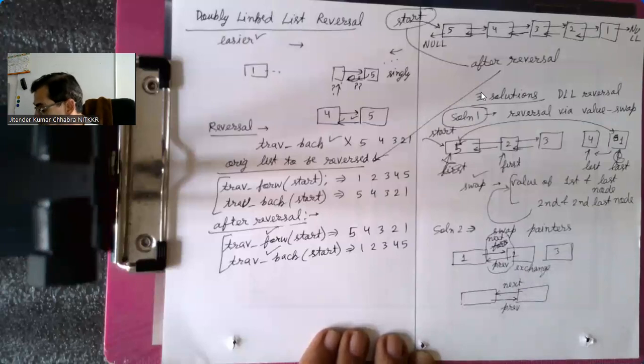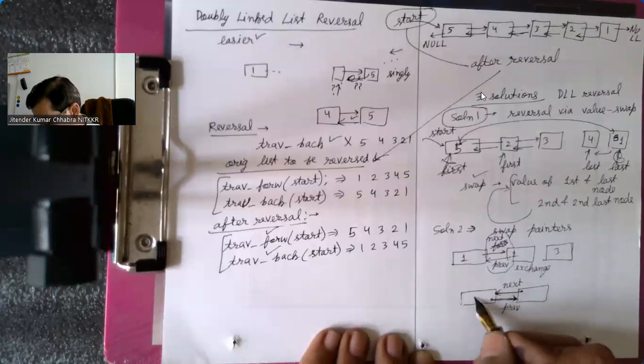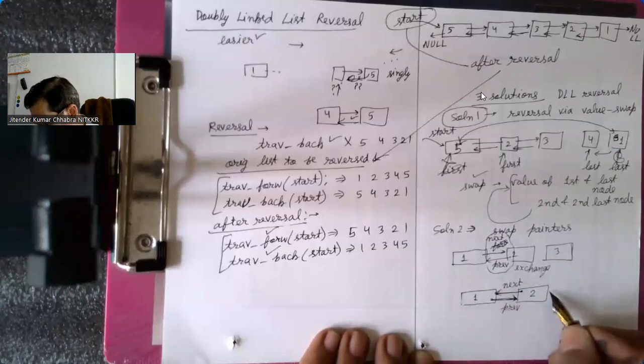So if I say I have already swapped these, then after this swap, because above side I am always showing the next pointer, it is effectively swapping physically. That will mean 1 is here, 2 is here, same process repeated here.